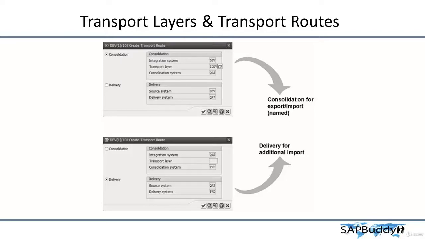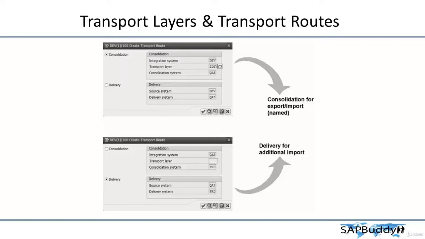Now let's come to transport layer and transport route. In order to transport any changes, we need to have a transport route to direct the TRs to a specific route, which is called consolidation and delivery route.